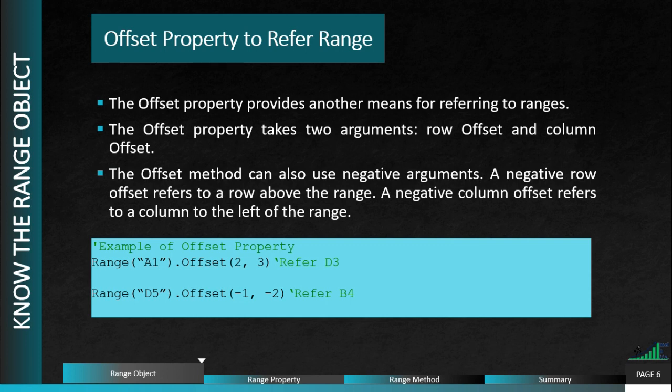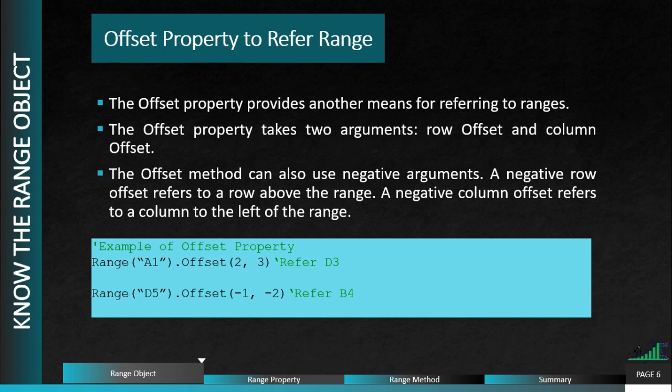If I go 1 and 1, that means if I am standing at A1, row 1 means I am going to A2, then column 1 means I am going to B2. Is it clear? One row down, one column right. So offset means the basic range plus one row down, one column right.